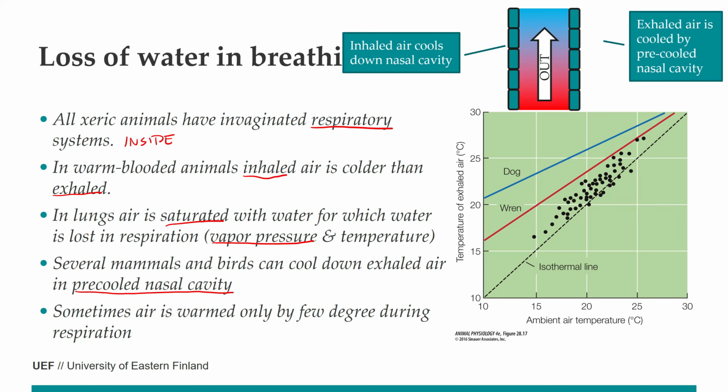And in some cases, this air is warmed only by a few degrees during the respiration. So over here we have the ambient temperature, and this is the temperature of exhaled air. In the dogs, it's way below 37.